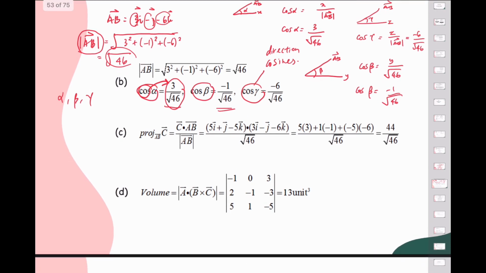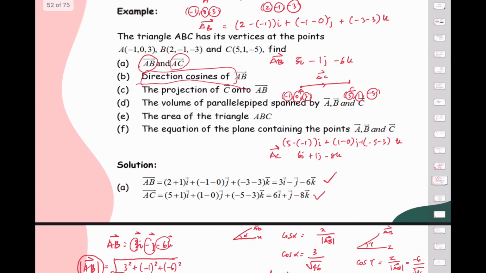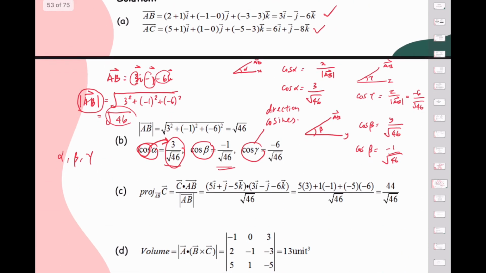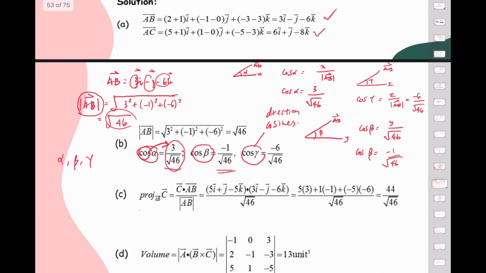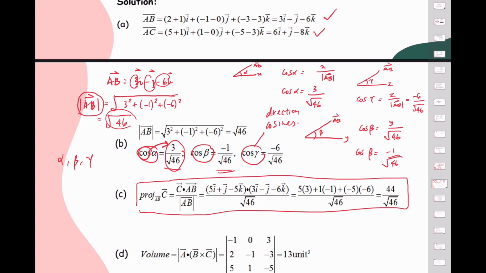Then we need to find the projection of C onto B. Okay, so here is the formula to find the projection of C onto B. You can see back the notes. Okay, what is the formula to find the projection of C onto B? It will be the vector C dot product with the vector AB, divided by the magnitude of AB.